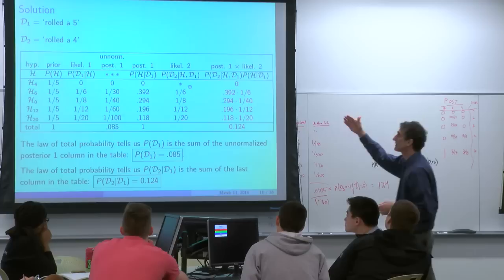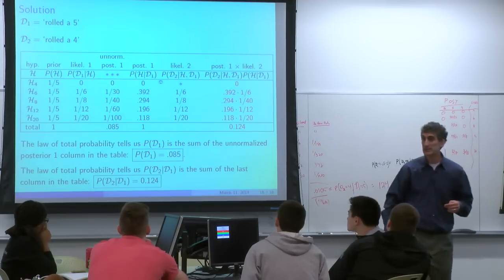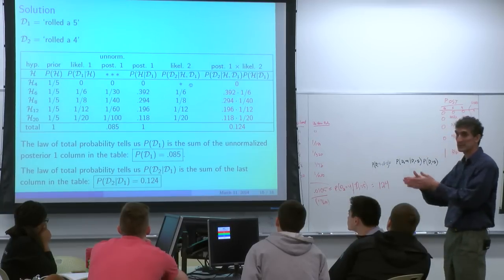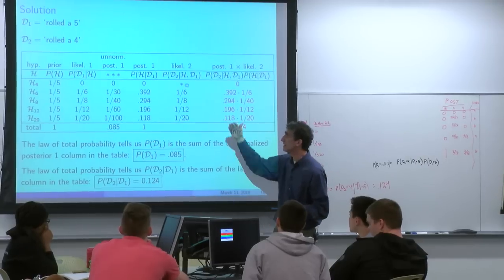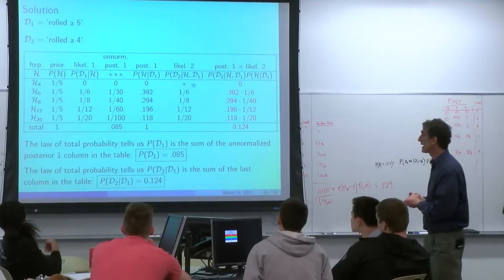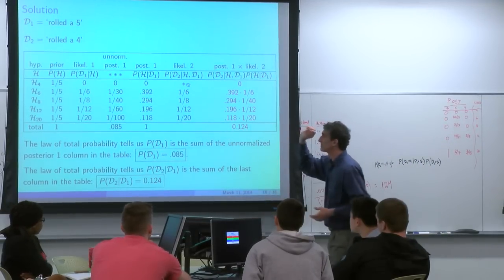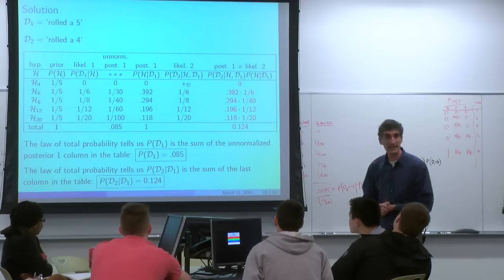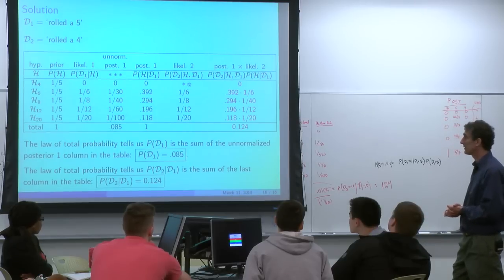If I had left off the D1, which most people did and which is okay because of the independence John talked about, given the hypothesis the rolls are independent, I would have had a 1/4 where I have the star, but I'm going to multiply it by 0 anyway. So who cares? So I have my new priors, my new likelihoods for the second bit of data, which are the same as the old ones, 1/6, 1/8, 1/12, 1/20.